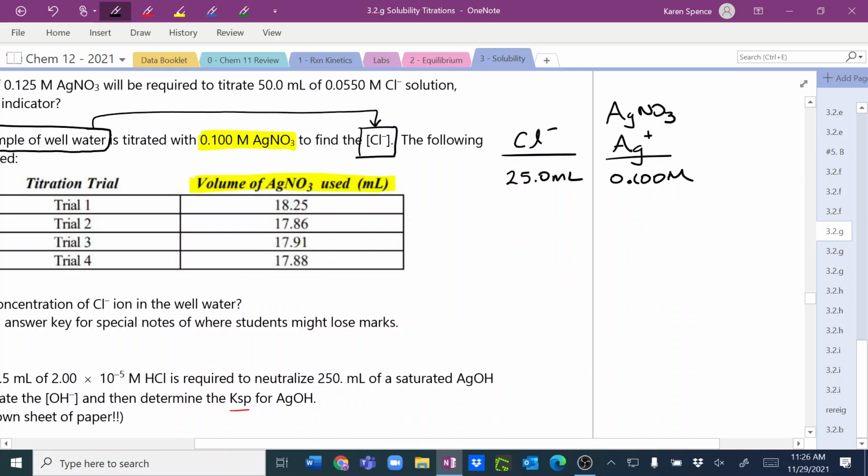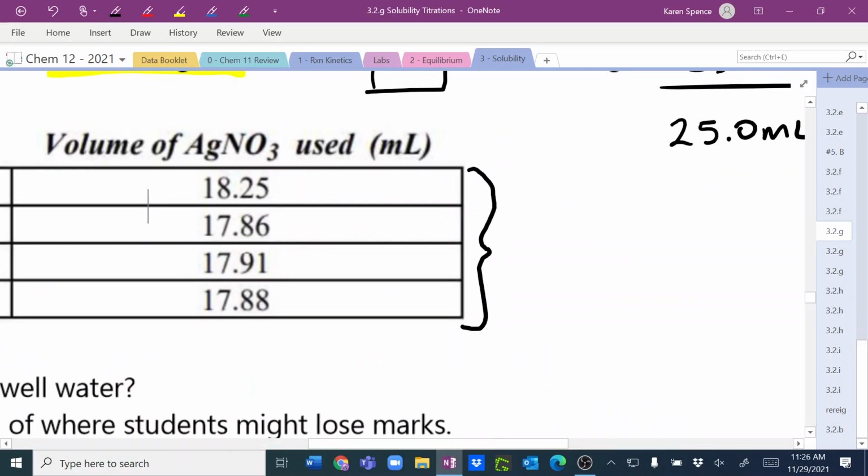But in any titration, you always need one of the two substances where you know both things, the volume and the molarity. So we're going to have to use this data here to calculate the volume of silver nitrate. Can we just use all of those data, or is there an outlier?